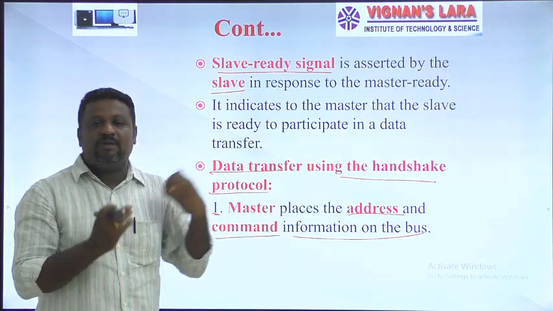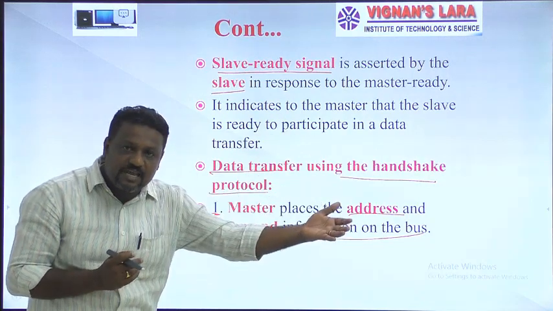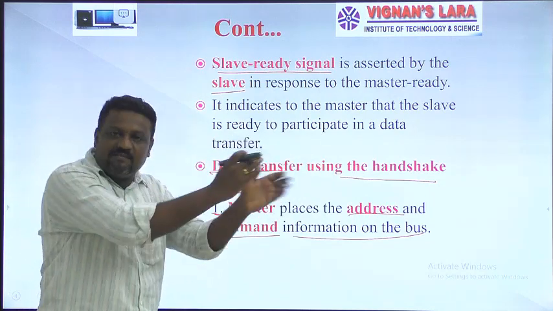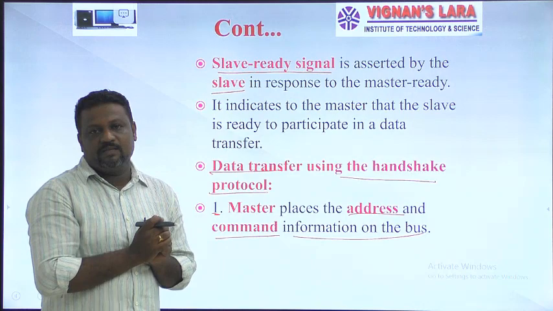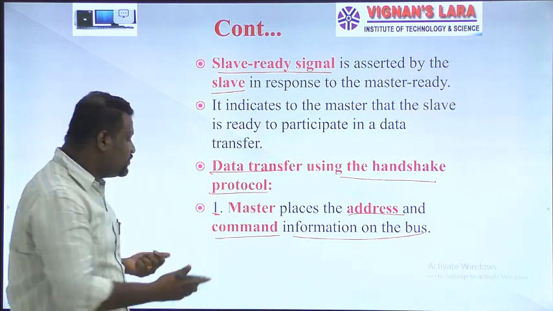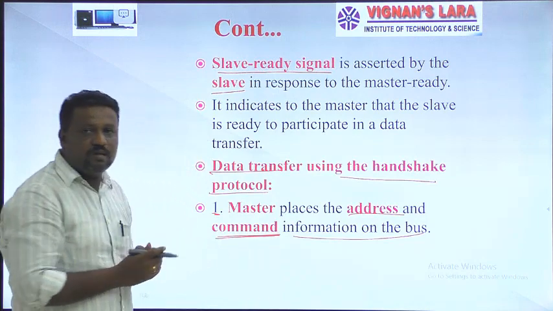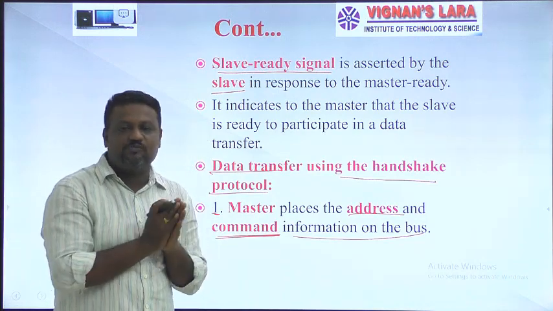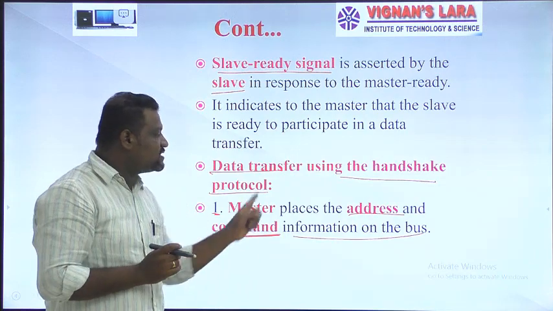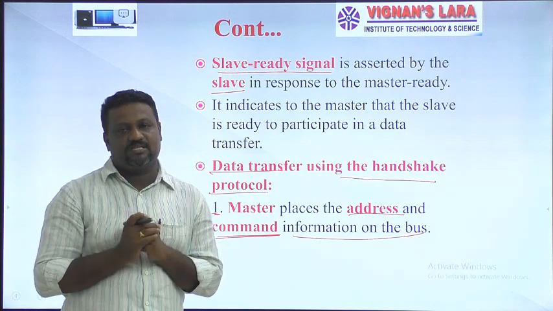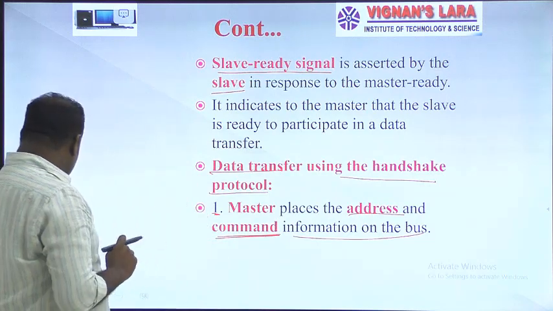That means the master is going to read something from the slave, or write, that is send something to the slave, so that it can be transferred to the slave as command information. So the first thing in this data transfer is that the master places the address and command information on the bus.